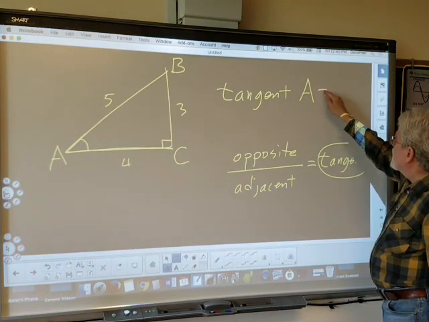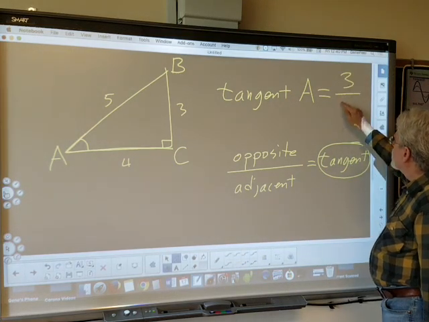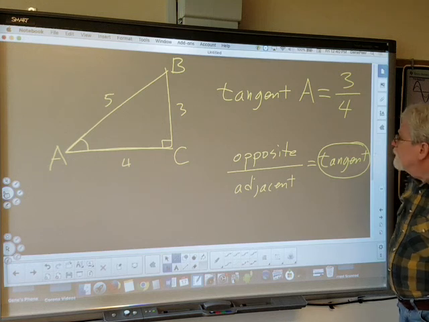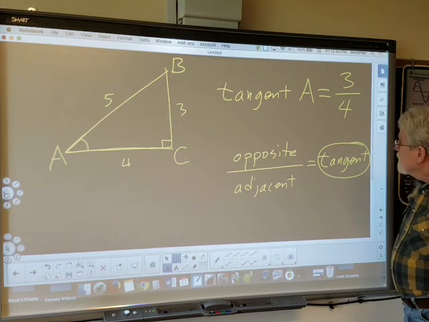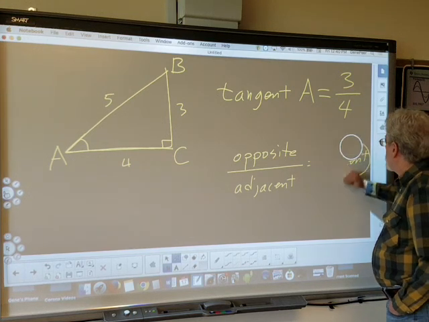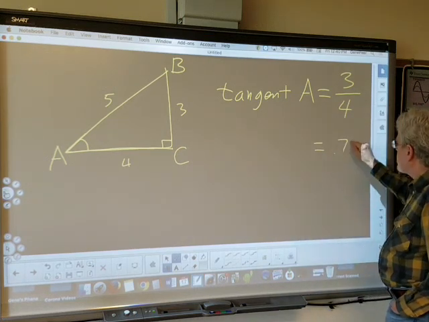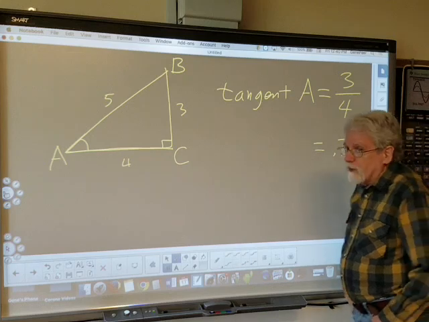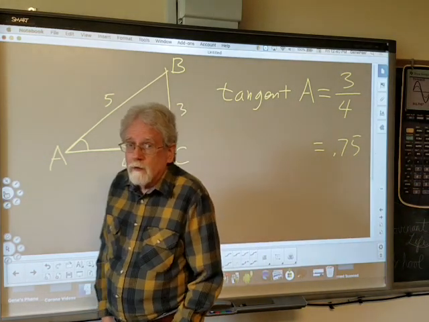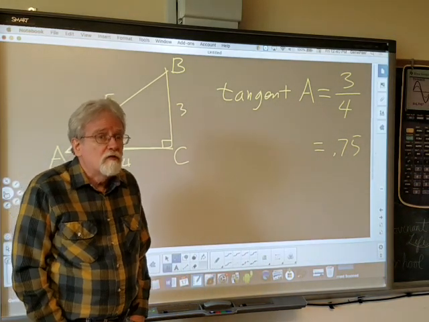The tangent of A is opposite over adjacent, 3 over 4. In trigonometry, by the way, better known as 0.75. In trig, we like decimals very much. We don't mess with fractions in trigonometry.